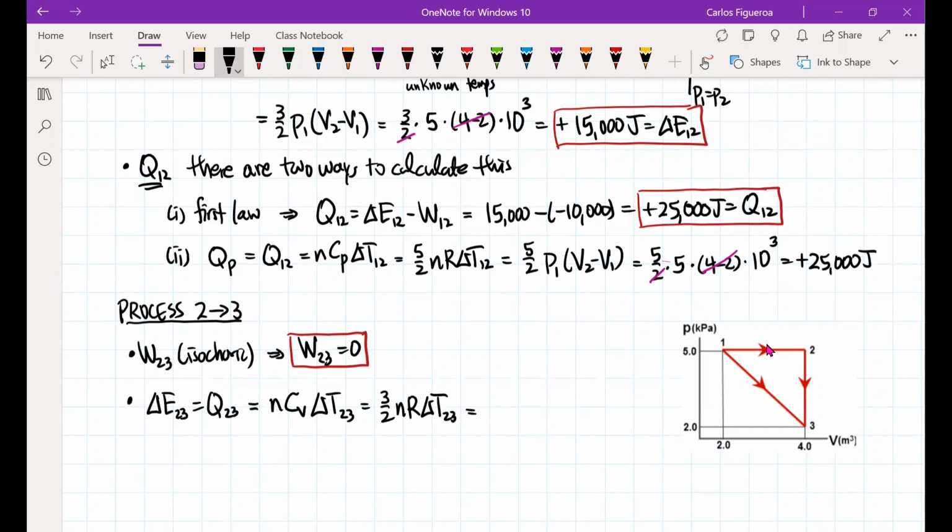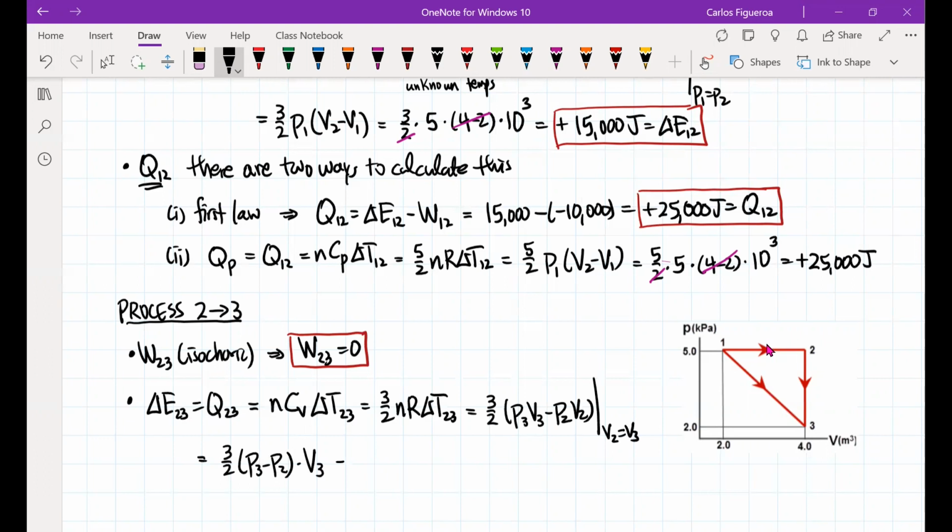So if I write this out, this will be 3/2, and then I'm going to have P3 V3 minus P2 V2. But V2 and V3 are the same, so I can rewrite this as 3/2 of (P3 minus P2) times the volume at 3.